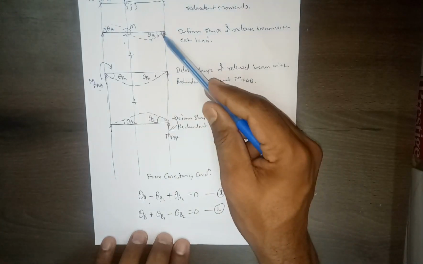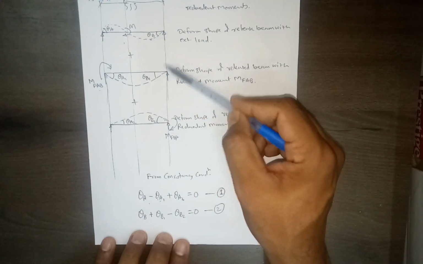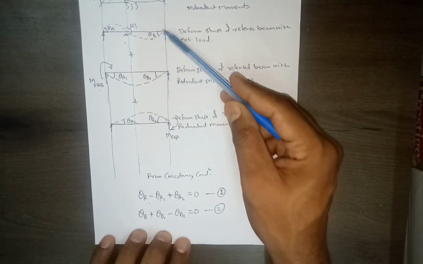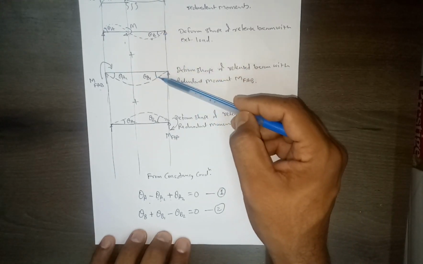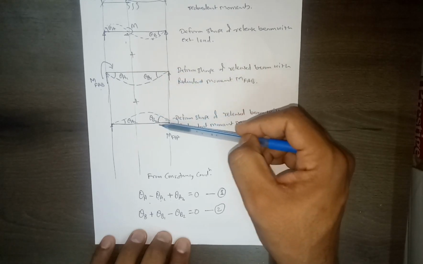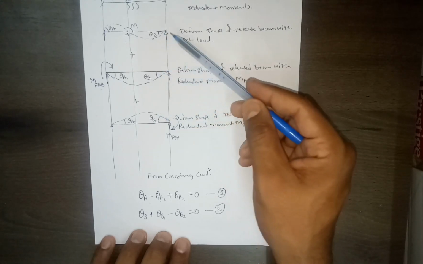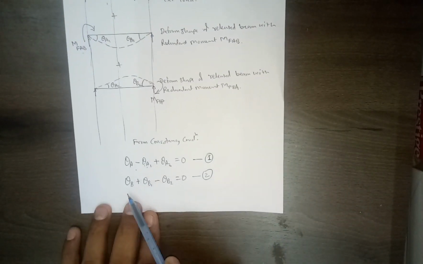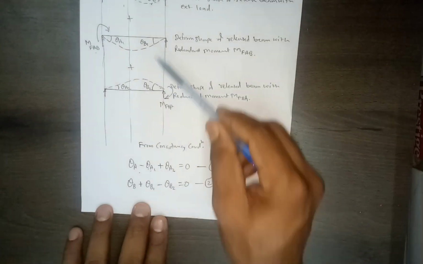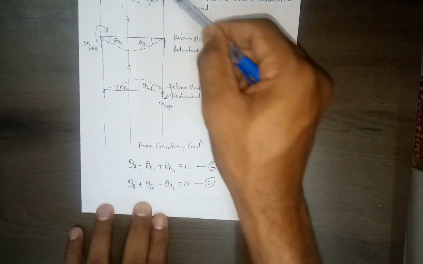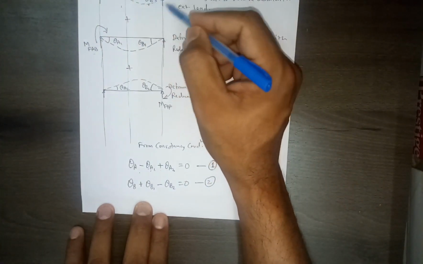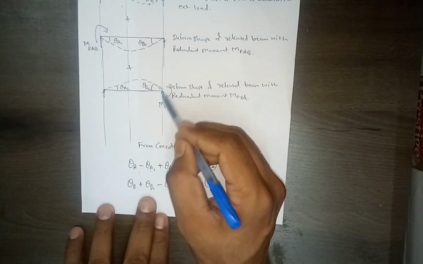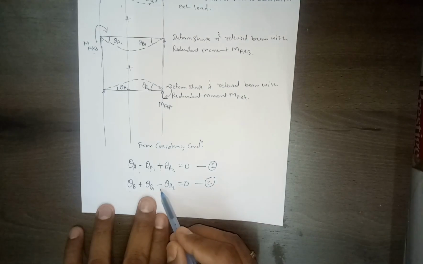Similarly, now we can write down that the algebraic sum of these 3 should be 0. Since these 2 rotations are the same, we'll use a positive sign for these 2, and this is opposite to these 2 rotations, so we use a negative sign, right? Vice versa you can do, no issue. So theta A plus theta B1, these 2 are in the same direction, both anticlockwise, so positive, and then this we are assuming in the opposite direction, so minus.